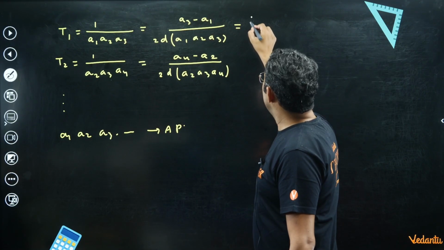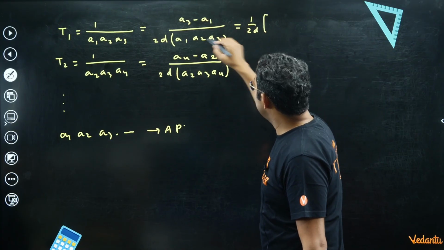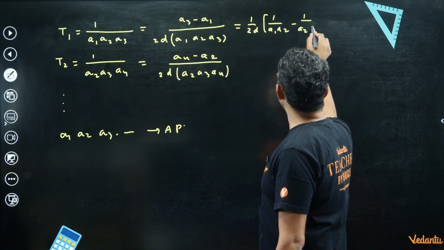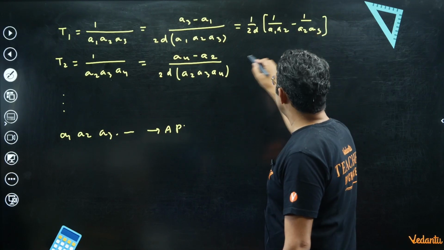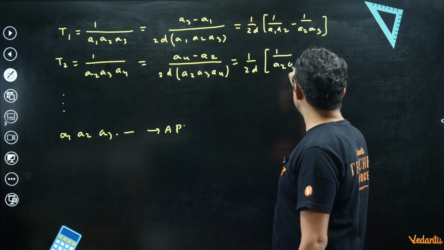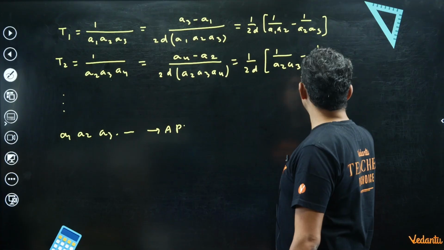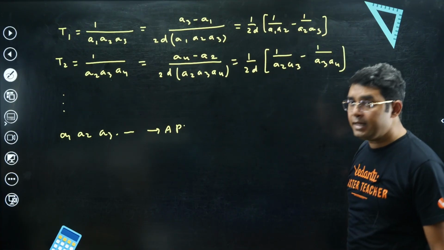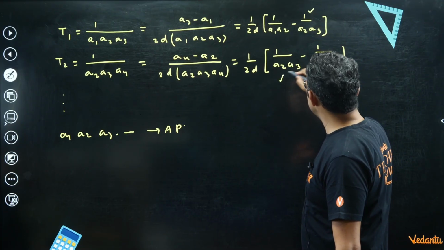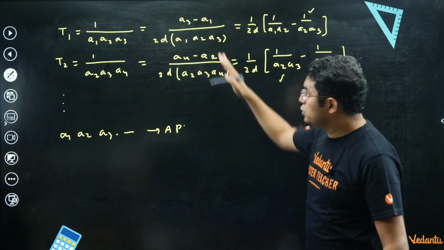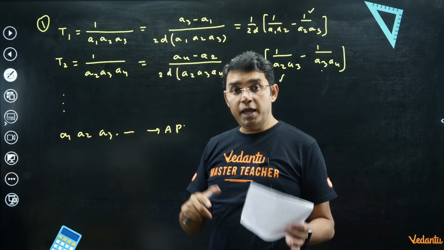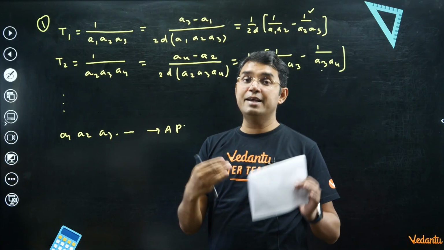In this case, T1 will be 1 upon 2d times 1 upon A1, A2 minus 1 upon A2, A3. Similarly here also you can write 1 upon 2d times 1 upon A2, A3 minus 1 upon A3, A4. If you keep adding them, you can see a telescopic sum is being formed. This term will cancel the next, and so on. So this is one of the ideas when the terms of an AP are multiplied and they are in reciprocal.